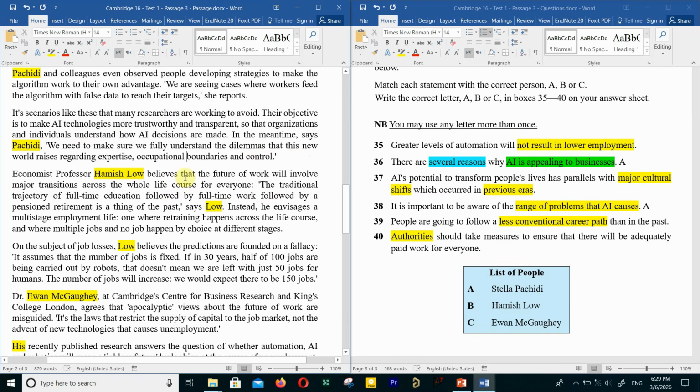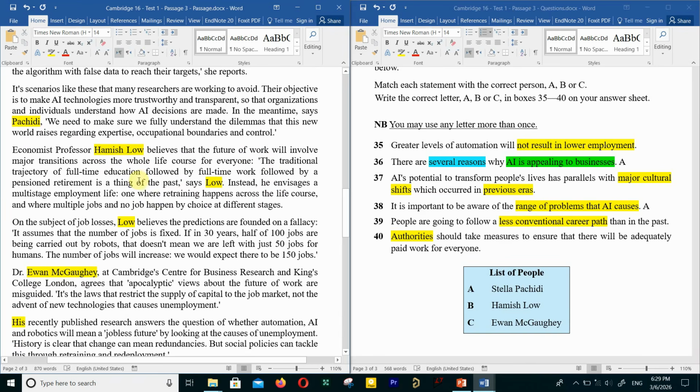Pachidi. Let's move on to Hamish Low. Here it says that the traditional trajectory of full-time education. Traditional trajectory, interesting. Does it ring a bell?